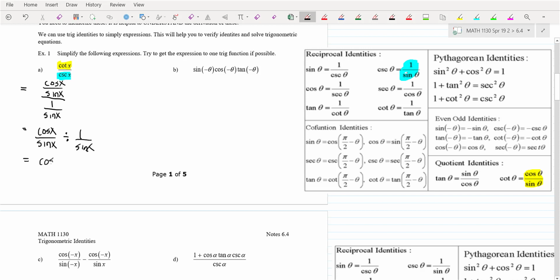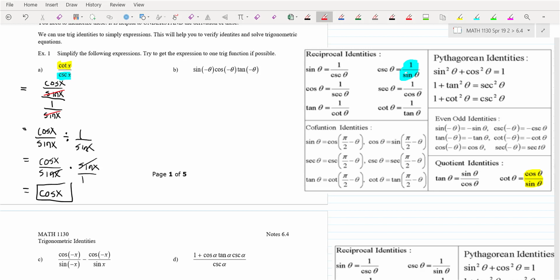So you get cosine x over sine x times sine x over 1. This basically simplifies down to cosine of x. You could bypass those last steps because I've shown you how to do this a lot of times. If you have a complex fraction and the denominators are the same, they cancel out anyway. So you get cosine of x.